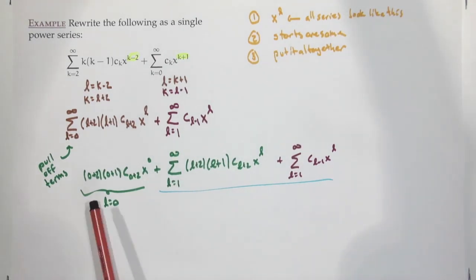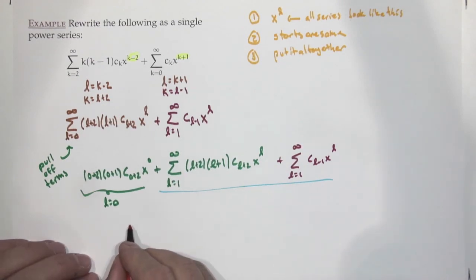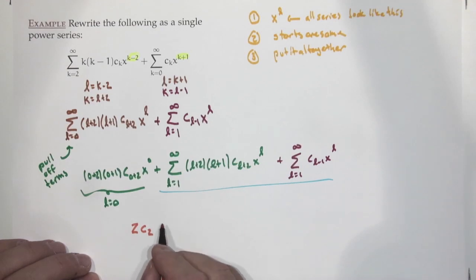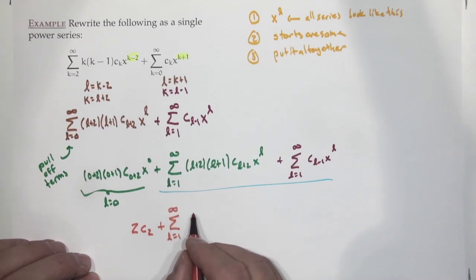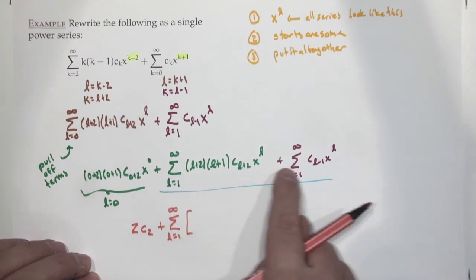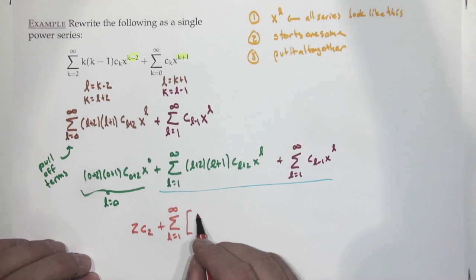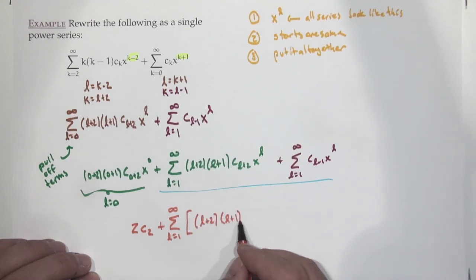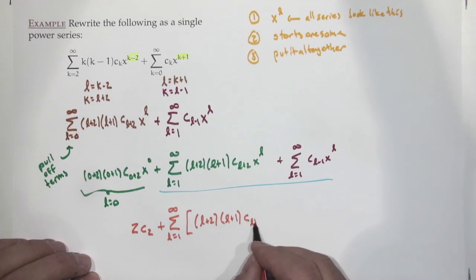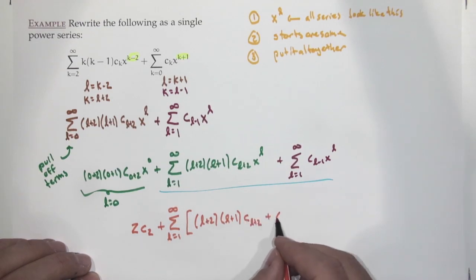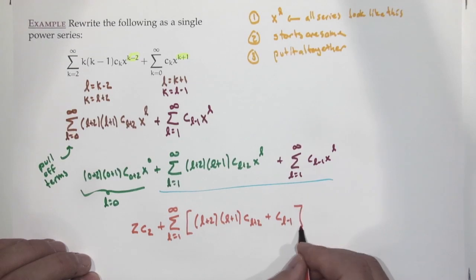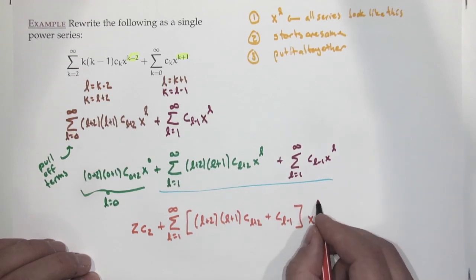So I still have this term in the front. So that becomes 2c sub 2 plus the sum L equals 1 to infinity of, and because these both have x to the L, I can pull it out, L plus 2, L plus 1, c sub L plus 2, plus c sub L minus 1, x to the L.